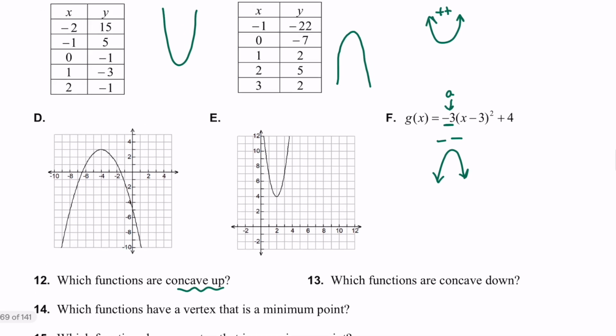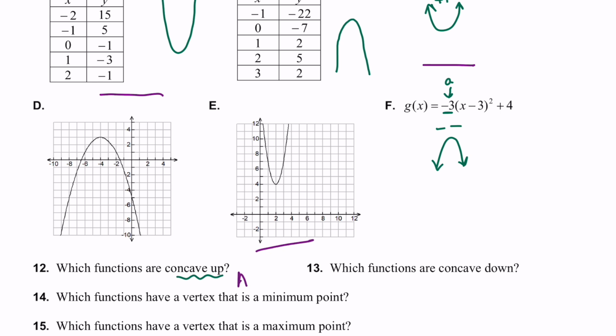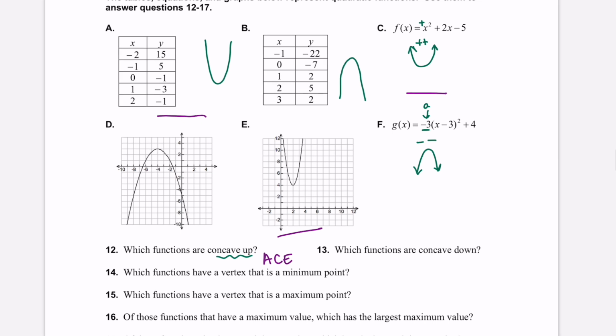So the ones that are concave up would be A, C, and E. The ones that are concave down would be B, D, and F. If it is concave up, it's like a pit, and you're at the bottom of a pit, you're at a minimum point. So all of the concave ups are going to have minimum points, and all of the concave down graphs are going to have maximum points.